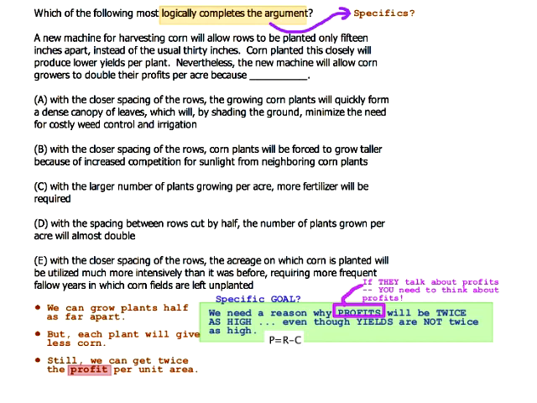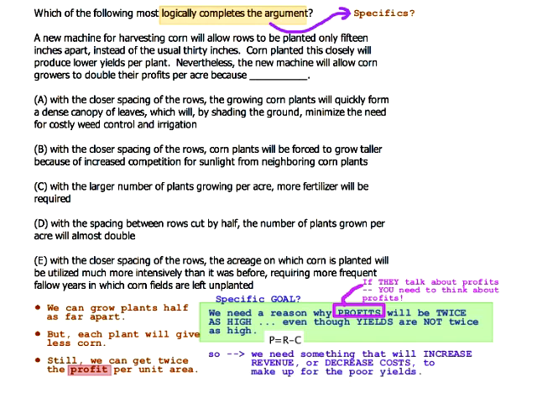So what we need is something that will increase revenue or decrease costs to compensate for the loss of yield. We need something that will increase revenue or decrease costs to make up for the poorer yields. That's what we need there.